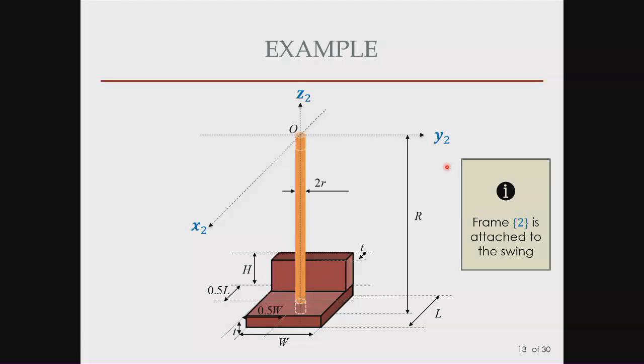Okay, so this is, say, part 1, part 2, part 3 will be the metallic rod, all of it, from point O to the bottom of the seat.